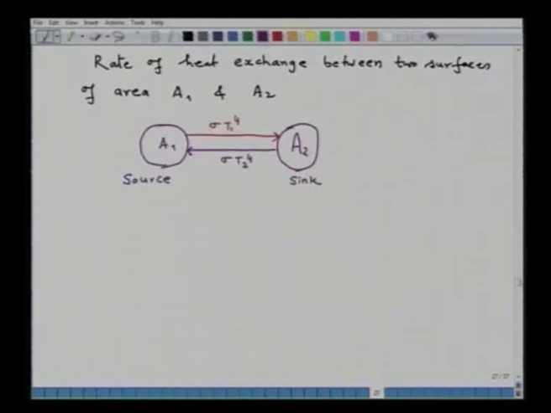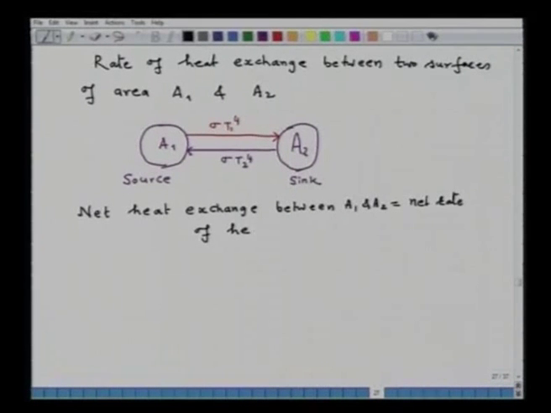So, the net heat exchange between A1 and A2 will be equal to the net rate of heat loss from A1.